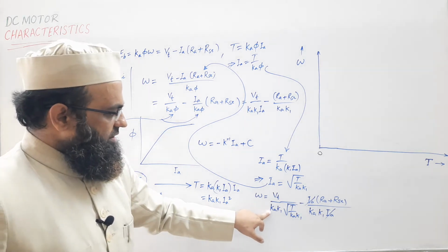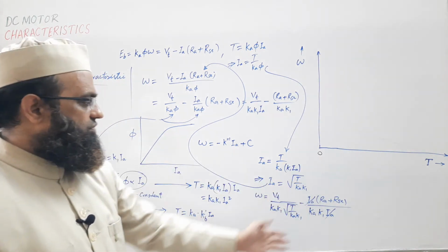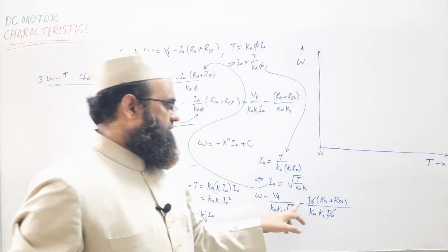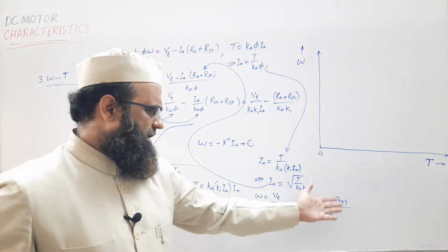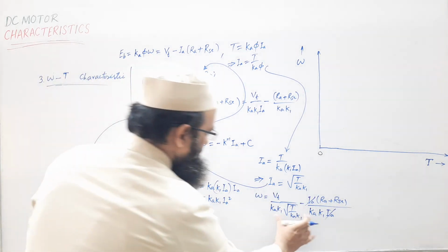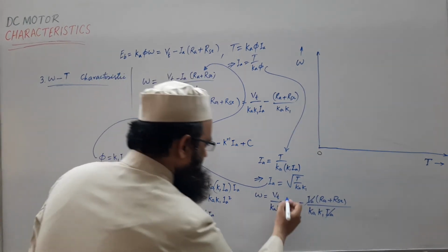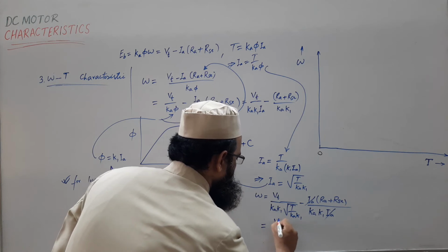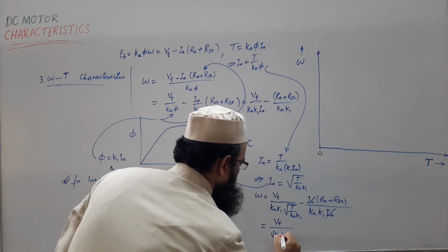But here torque is there, which is variable. We want to see the variation of speed with the variation of torque. So this quantity is independent of torque or any other variable. So this is some constant, but this is not constant. So this is Ka, K1, this is 1 upon root Ka K1. So we may simplify it like this: Vt upon some constant under root Ka K1.